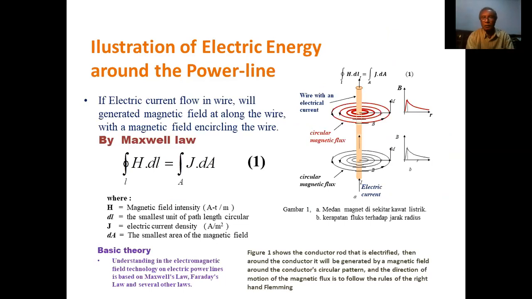In figure 1, you can see a conductor rod with current flowing in the wire. By Maxwell's law, if a current flows in a wire, it will generate a magnetic field along the wire, with the magnetic field encircling the wire.